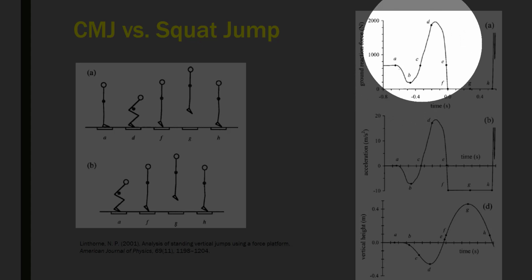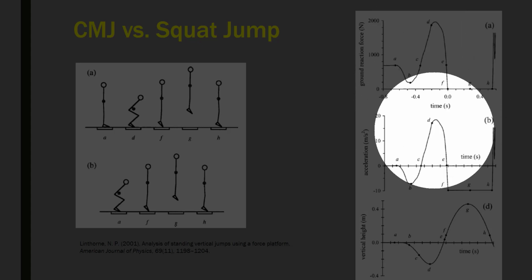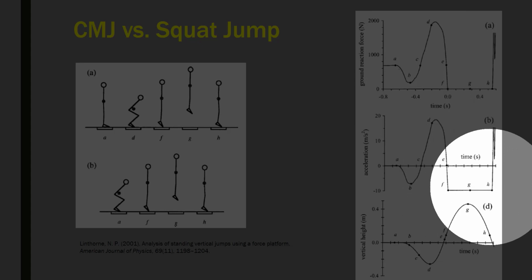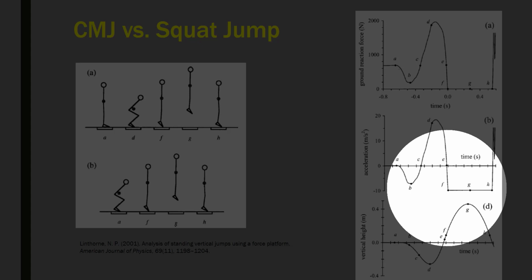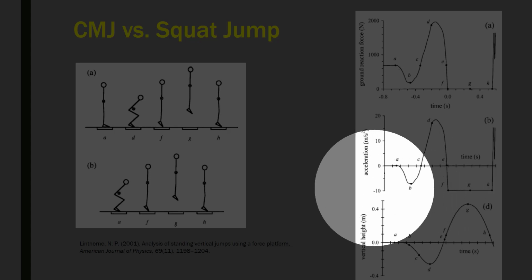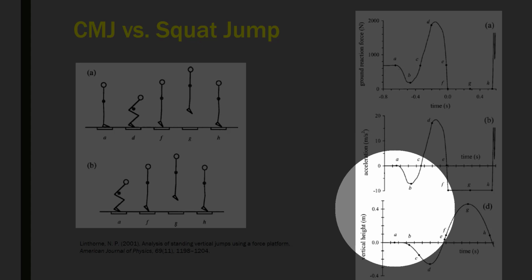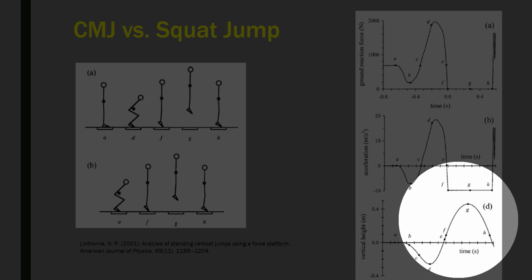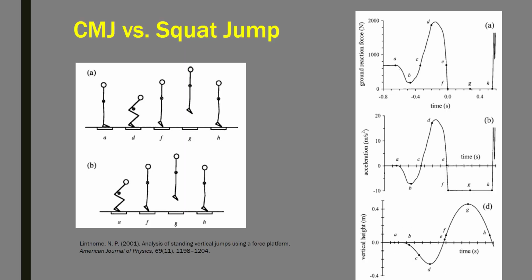And then in between C and D, the person takes off because of the acceleration. In fact, while the person's in the air between F and H right here, you can see that acceleration should be roughly equal to negative 10 meters per second squared, the acceleration of gravity. And this, of course, is the vertical displacement of the person's center of mass.